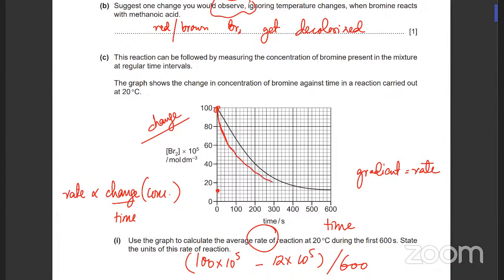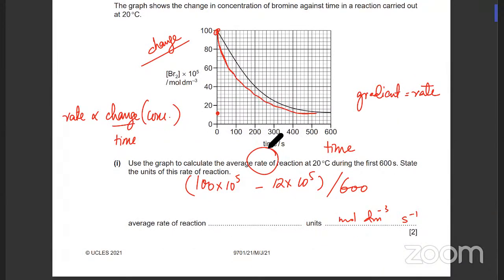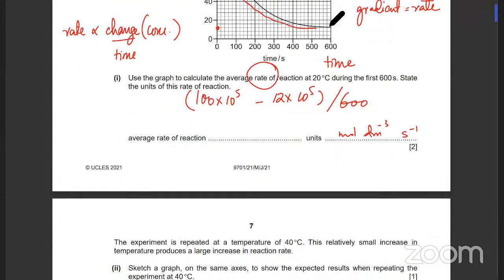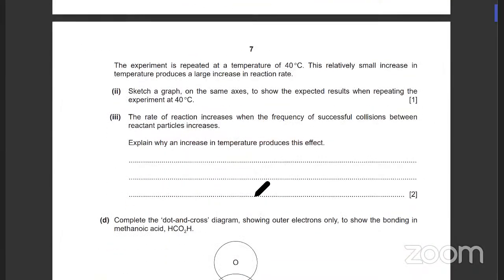But it's going to end at the same point. You can make a better graph than this, but it's probably going to end at the same point. So just make it steeper. But it should end at the same point. You're not adding more of the reactants. So there should be the same amount of reactant left at the end of the reaction.